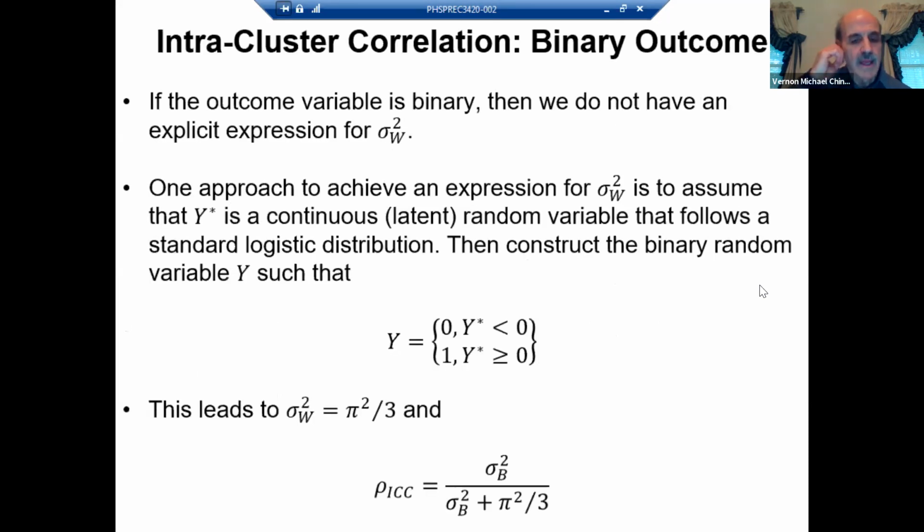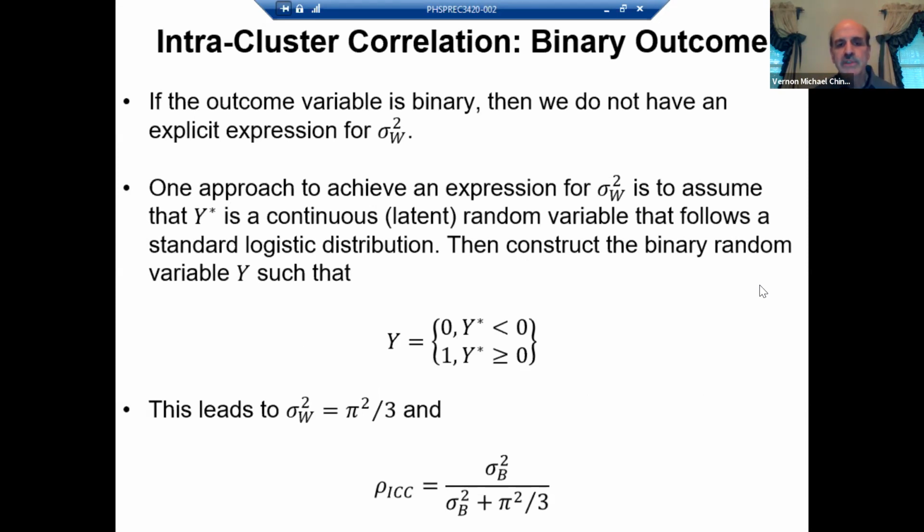Okay. Now, that was under the assumption of having a continuous outcome variable, somewhat normally distributed. In a lot of instances in your cluster randomized trial, the outcome might be binary. In such a situation, we don't have an explicit or obvious expression for the within-cluster variance.